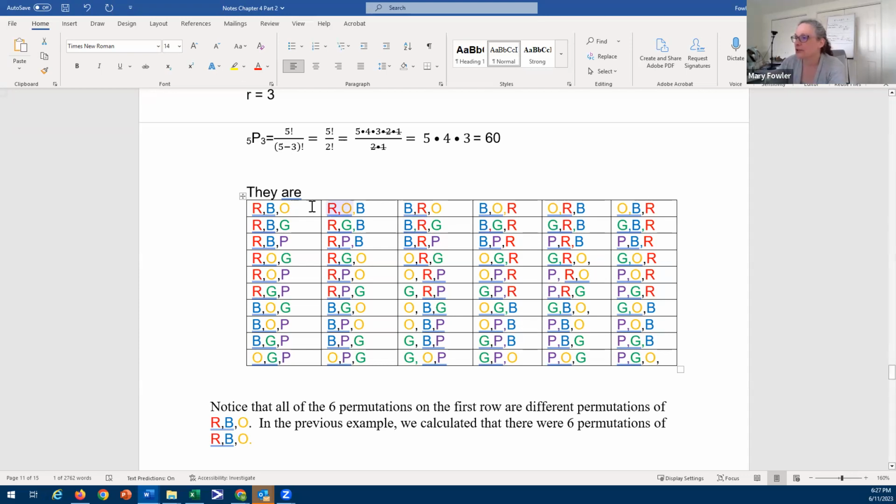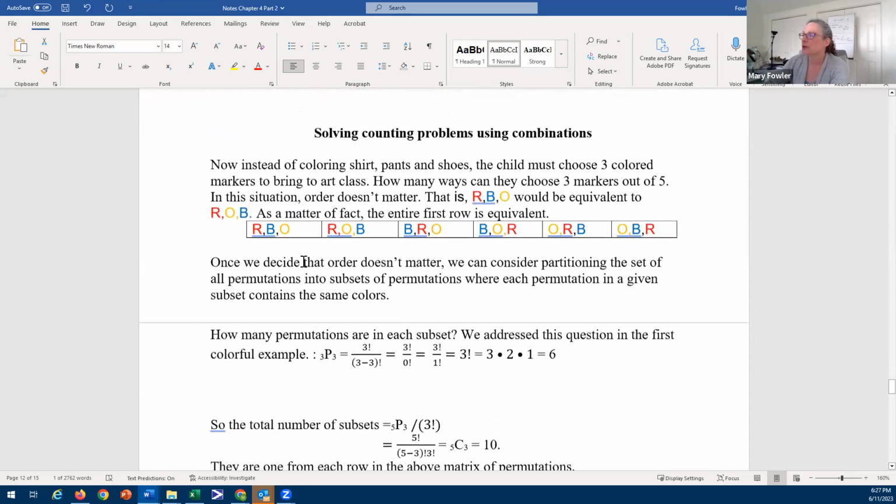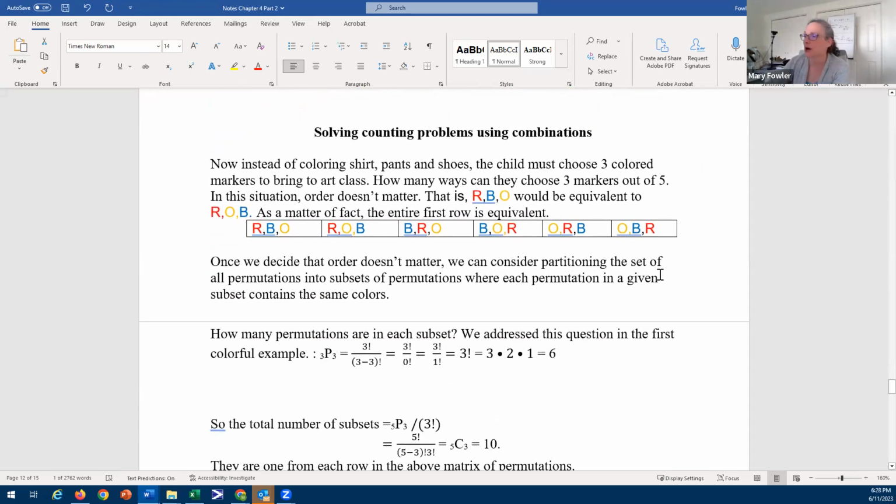Okay, and so let's see. Now we want to change the example again, right? So the kid likes these, it's doing a lot of coloring with markers. So now instead of coloring a shirt, a pants, and shoes, the child must choose 3 colored markers to bring to art class. How many ways can they choose 3 markers out of 5?